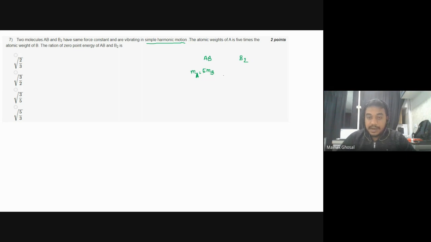Yeah. So you are saying that the mass of A will be 5 times the mass of B. We have to find the ratio of the zero point energy for AB and B2.